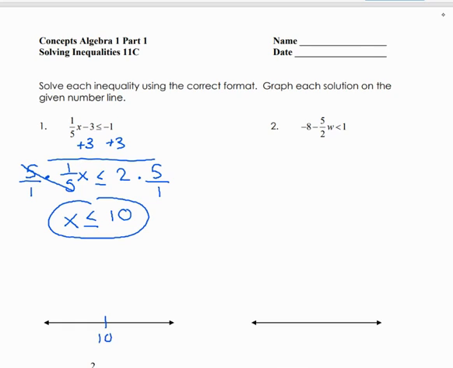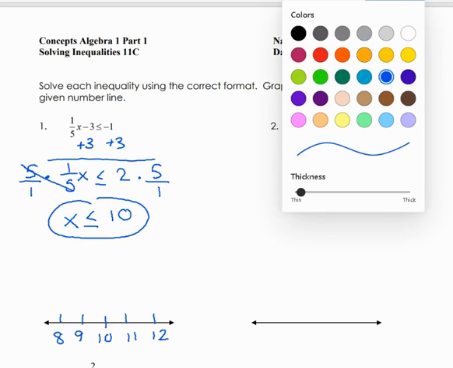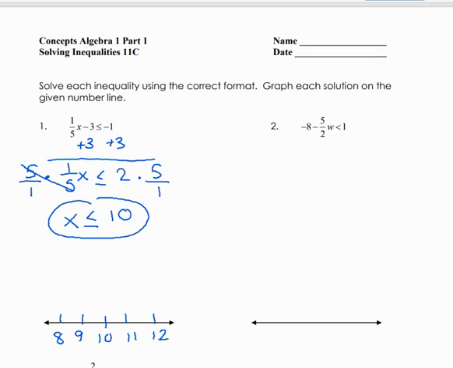I'll put 10 in the middle, 11 and 12 to the right, and 9 and 8 to the left. Okay, less than or equal to, so we have a closed circle. And to the left or to the right? To the left. Good, Jordan.